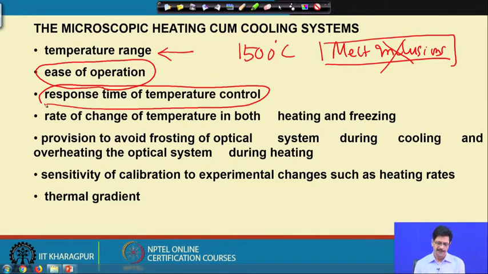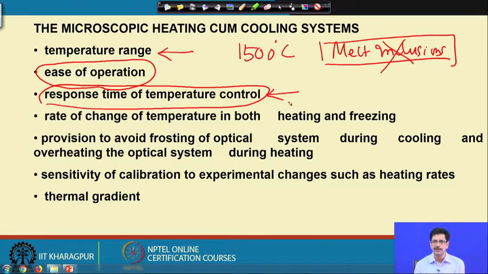There must be some element through which the electric current will be passed and it will get heated up, and this has to be controlled by a specific control unit. And here as non-specialists on this kind of device, we can only say that the response time of the temperature control must be very good.